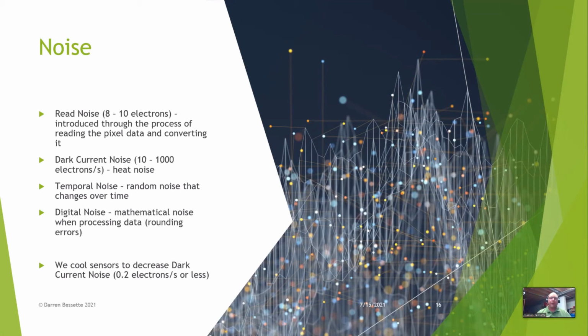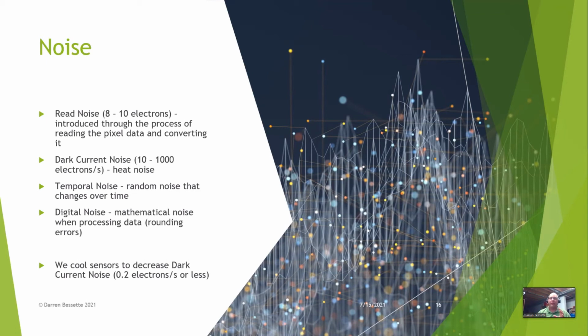So, talking about noise, there are 4 primary sources of noise that are seen within sensors. There are obviously other ones as well, but these are the ones that are more typical of what you'd see. So there's this thing called read noise, and I kind of alluded to this earlier. The process of being able to measure the amount of charge within the pixel well and carry it through and digitize it and read what that value is, has the chances of introducing noise within that pixel value.